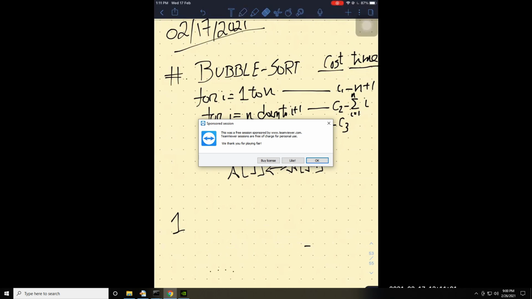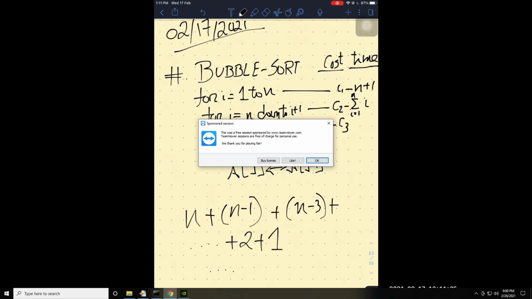In total, for the first iteration, the inner loop will run n times. Then for the second iteration, it will run n minus 1 times. Then n minus 2. In this way it will run. For the last iteration, when i is n minus 1, it will run 1 time, and when i is n, it will not run.